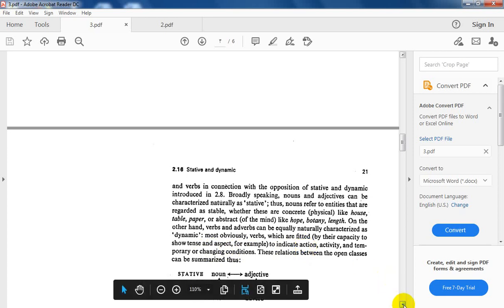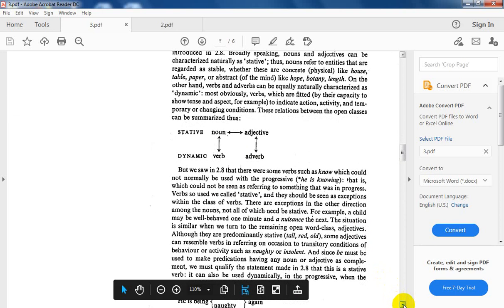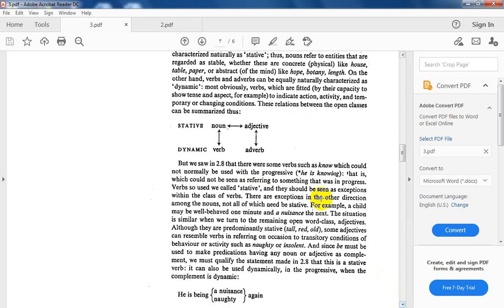Pay attention to this table or figure. Illustratively, nouns and adjectives are stative. Dynamic, I have the verb and the adverb. But there is a close relation, or interchangeability, between nouns and verbs. How? When I say teach, it is a verb.